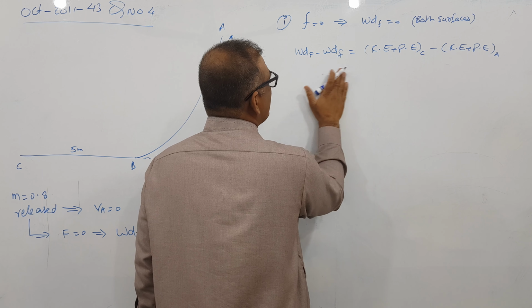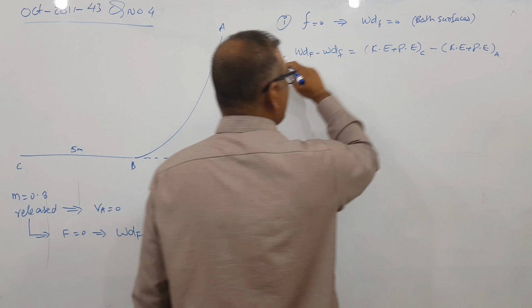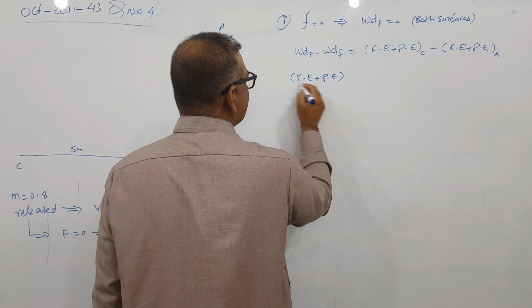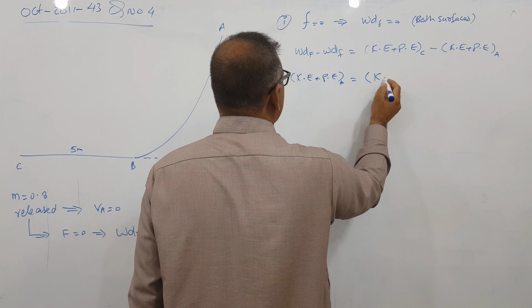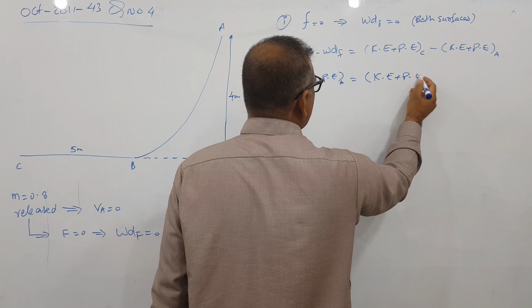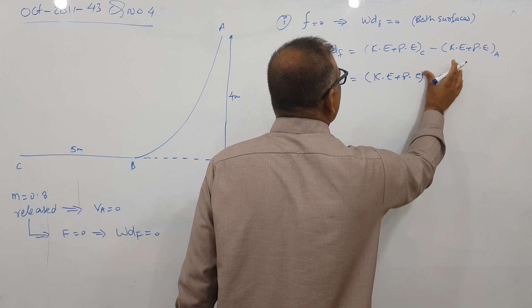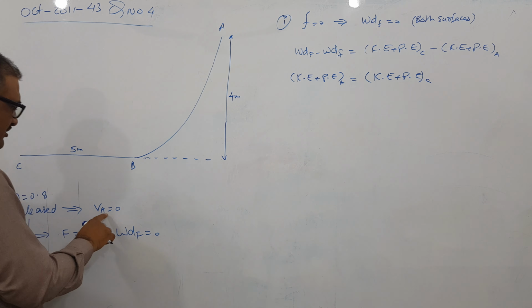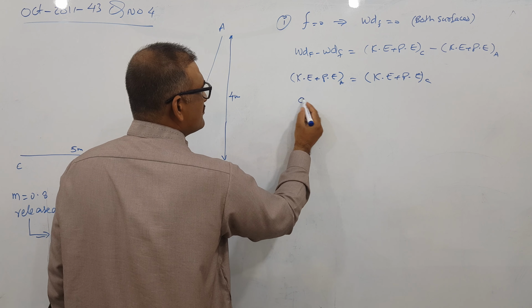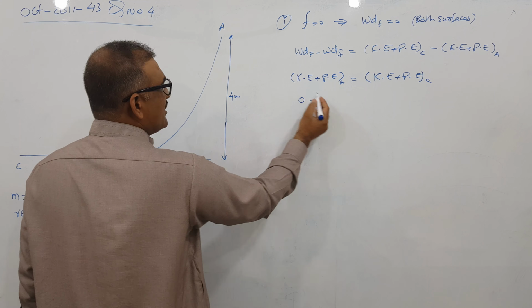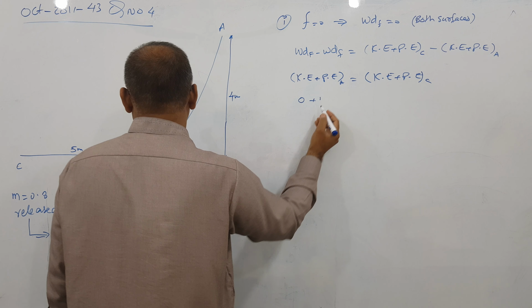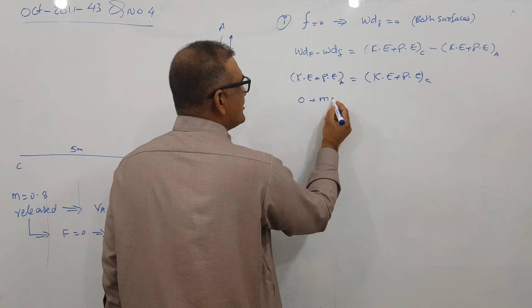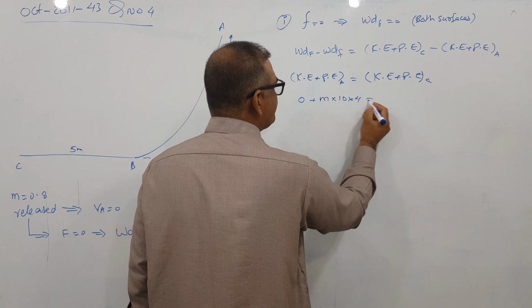So kinetic energy plus potential energy at A equals kinetic energy plus potential energy at C. Starting from A the speed is 0, as mentioned, so that term is gone. For mgh, the mass is given as 0.8, but I can just write m, g is 10, h is 4.